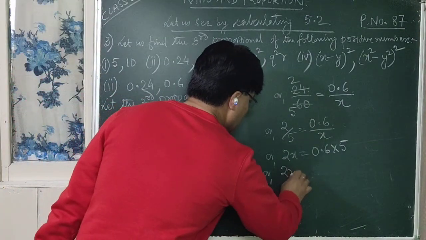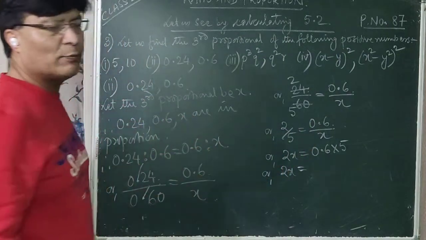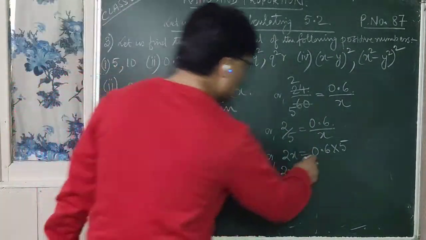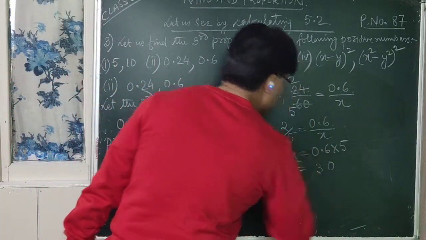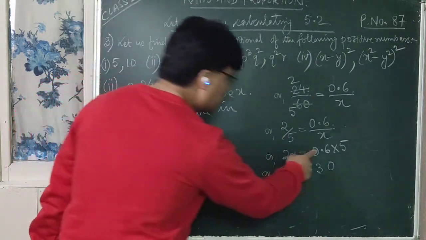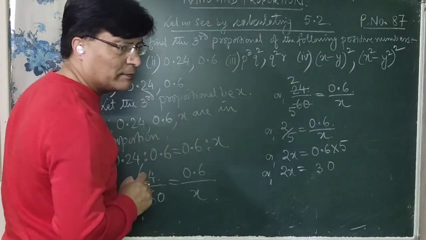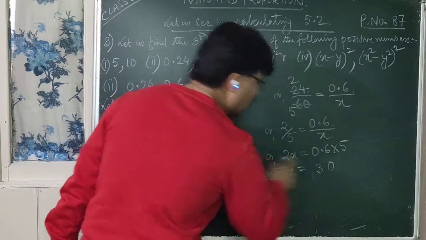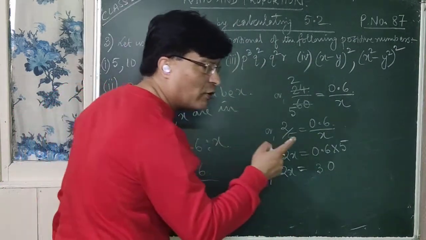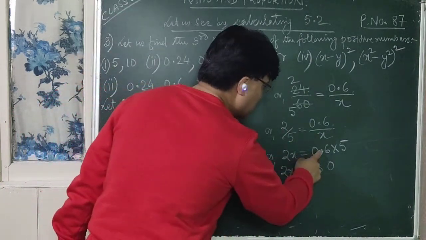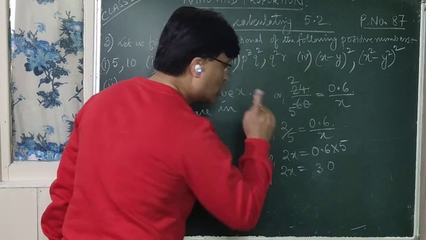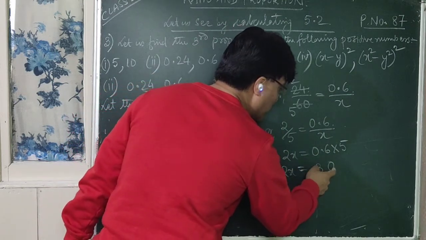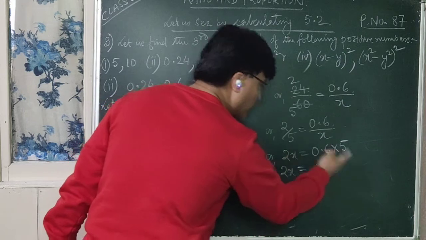Or 2x is equal to, now multiply 0.6 into 5. How much is it? 6 5s are 30. But after decimal point there is only one figure. So here also you have to write down the decimal point, but before only one figure, because after decimal point there is one figure. So you have to write down the decimal point before one figure from the last.